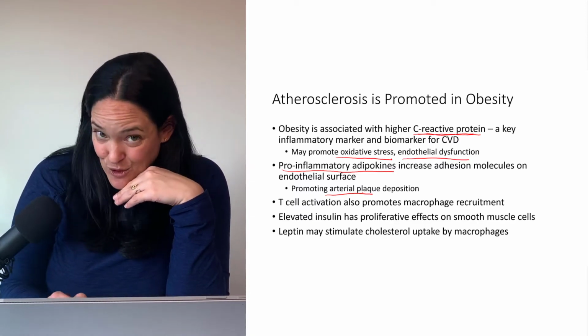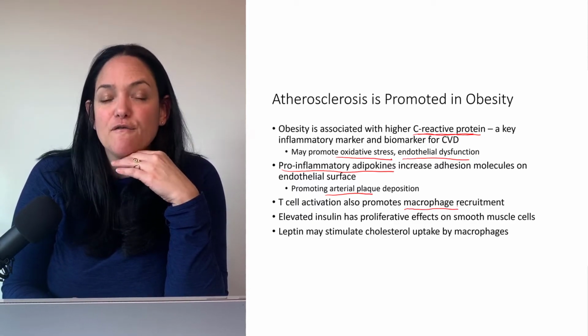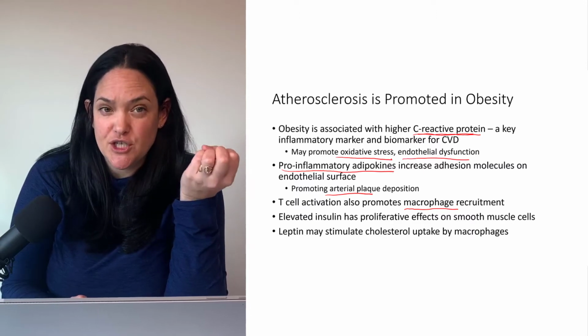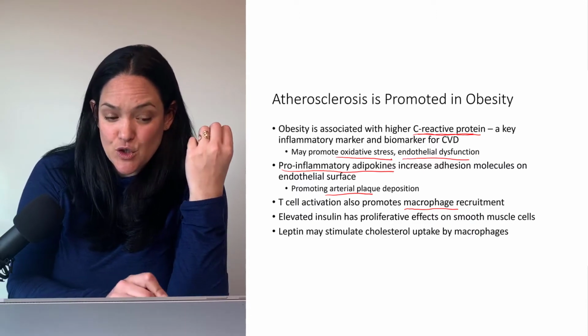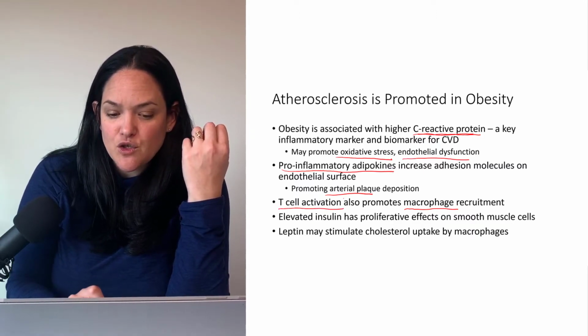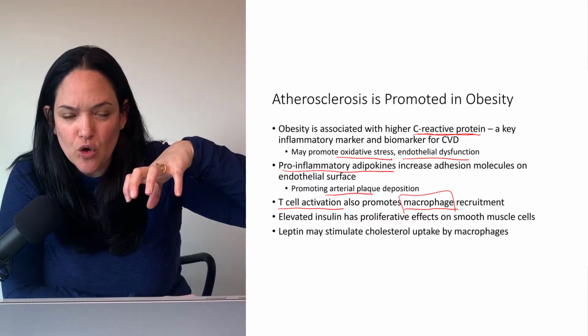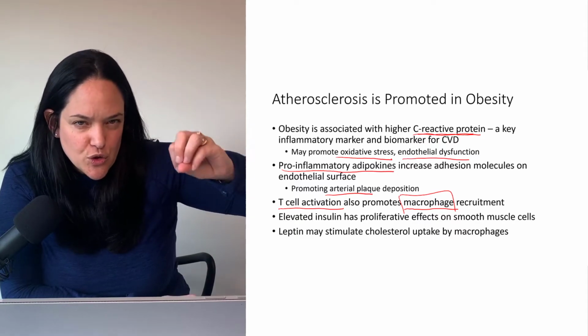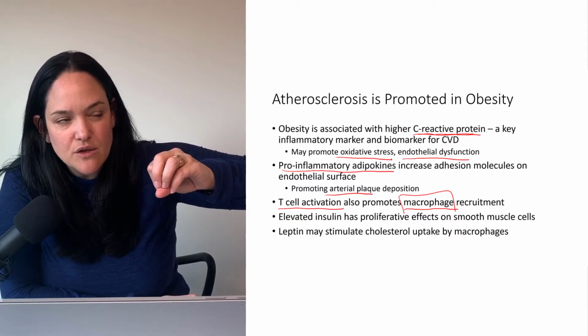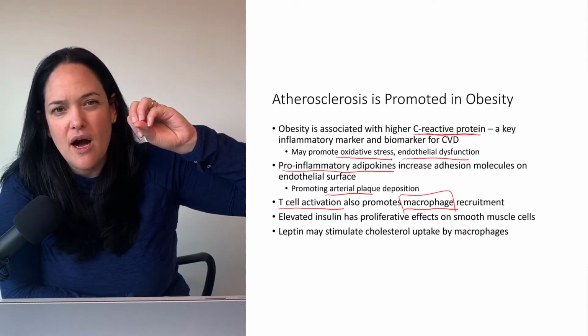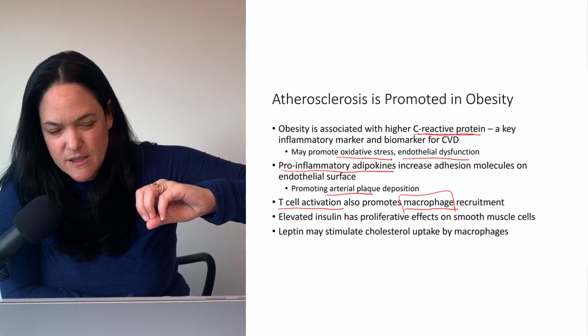Okay, and of course we know that macrophages change in obesity, and so do things like T cells. Macrophages change in obesity more at the local level. But we also saw with obesity, and I didn't really talk too much about this, a higher activation of T cells.